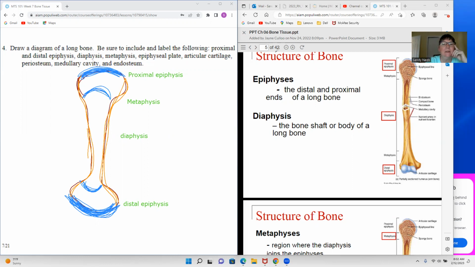Medullary cavity, so I need to make a cavity of this. So we'll put in the spongy bone here. And this is a solid bone, so we need to color this in.